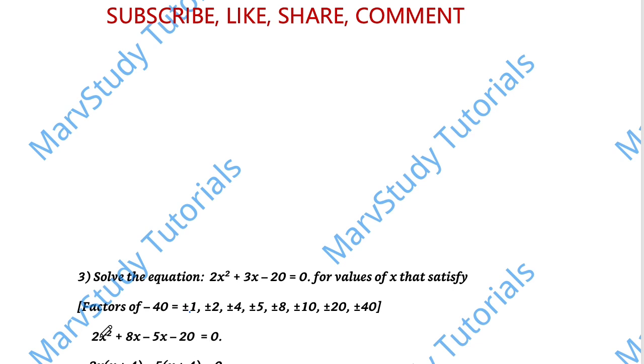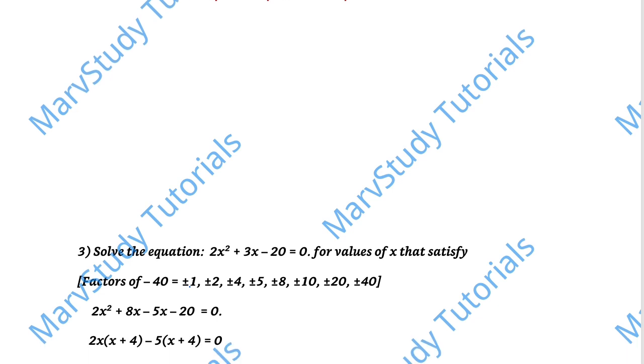So looking at this 2x squared and positive 8x, the common thing between these two is 2x. So if you take out 2x, factoring out 2x, we're going to have 2x into x, because 2x squared divided by 2x is going to leave us with x, and 8x divided by 2x is 4.